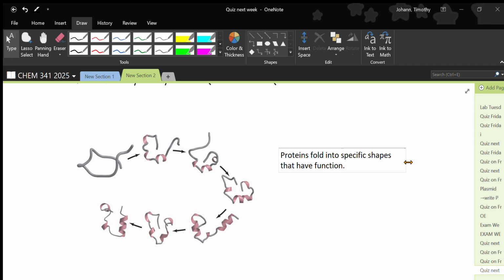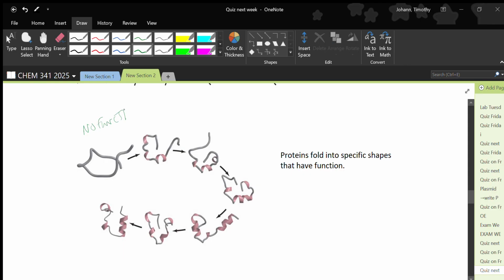So it's a structure to do that. This is actually smaller than that, but what you can imagine is that this thing has no function unfolded, and that this down here would have function, whatever that function would be. This is small, so it would be binding something, I guess, folded.